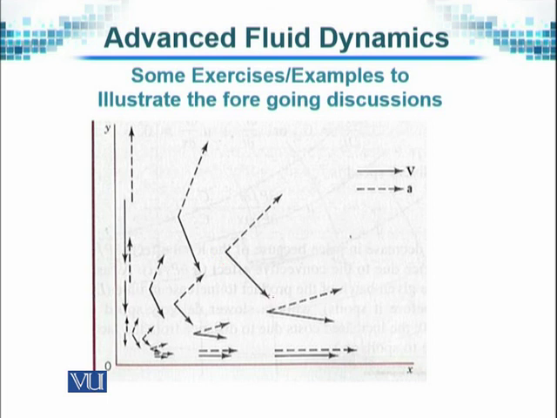So this is the velocity field shown in these lines, whereas the acceleration field is shown in dotted lines in this plot. You can try plotting the graph for different values of x and y that you can choose arbitrarily, but you can go back to the solution that has been produced for this particular question.